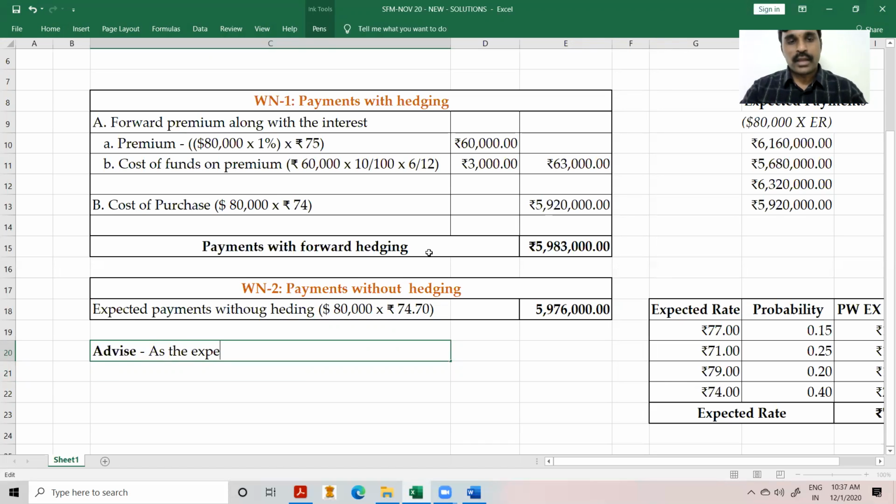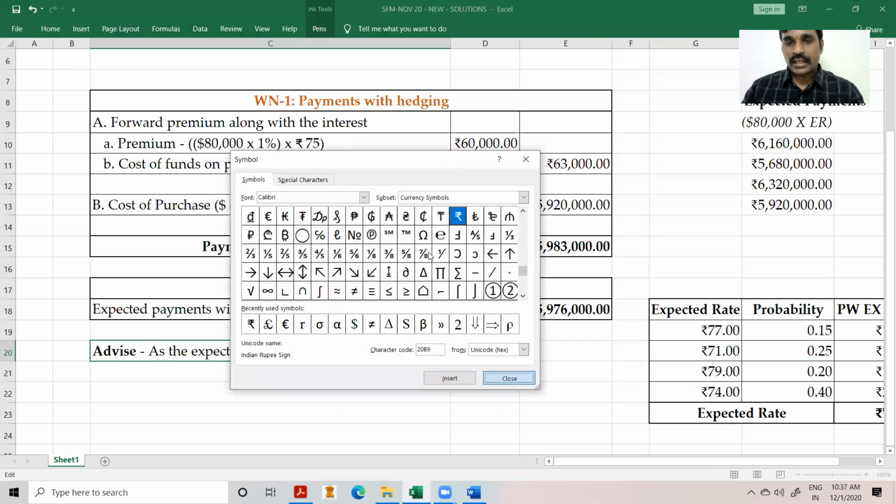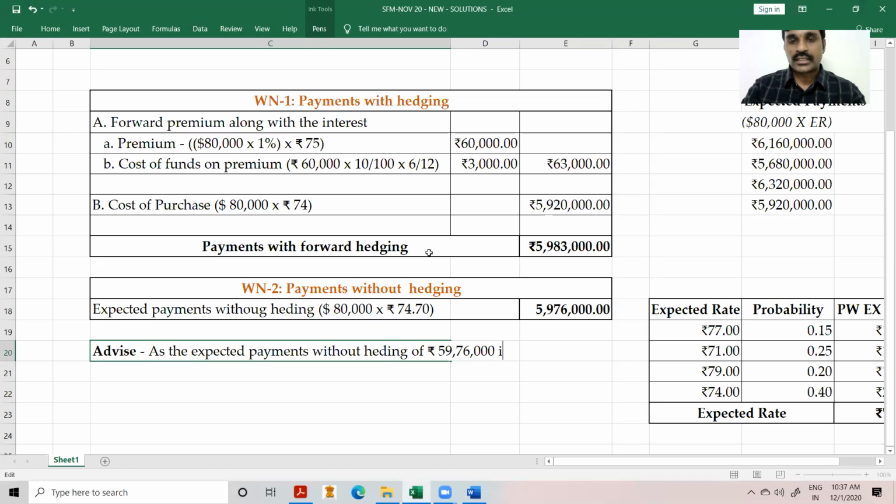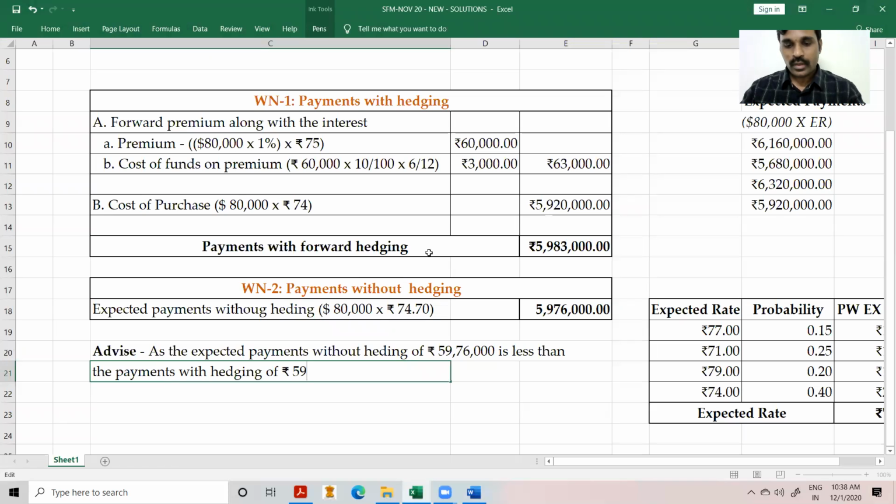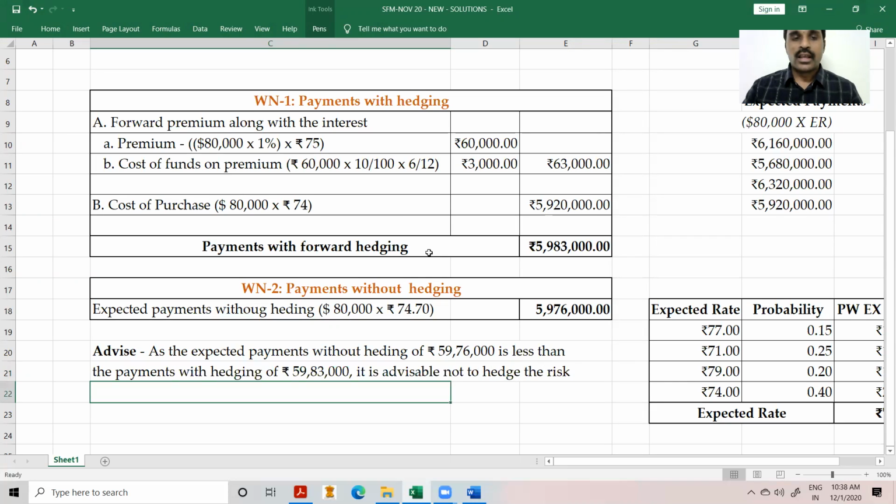As the expected payments without hedging of rupees 59 lakhs 76,000 is less than the payments with hedging of rupees 59 lakhs 83,000, it is advisable not to hedge the risk. Okay, this is the answer we'll write.